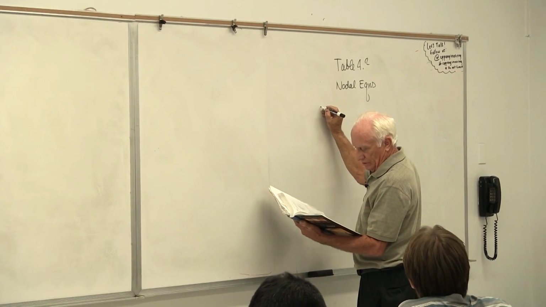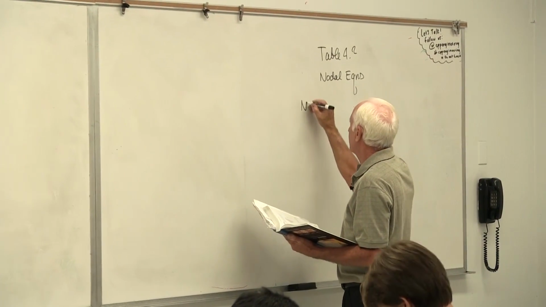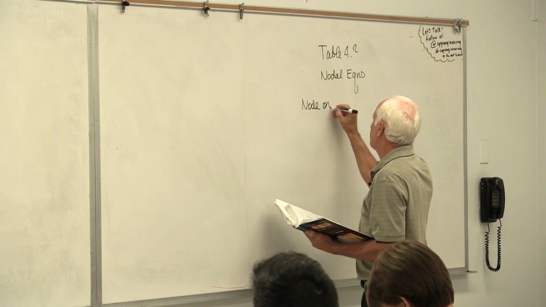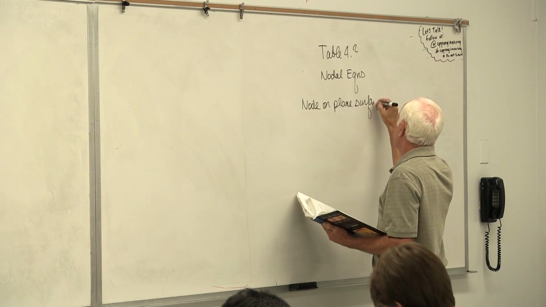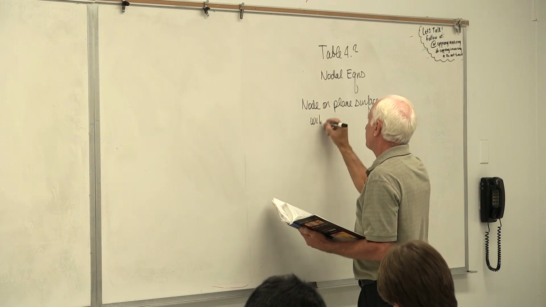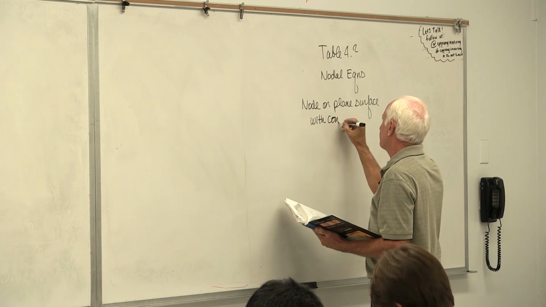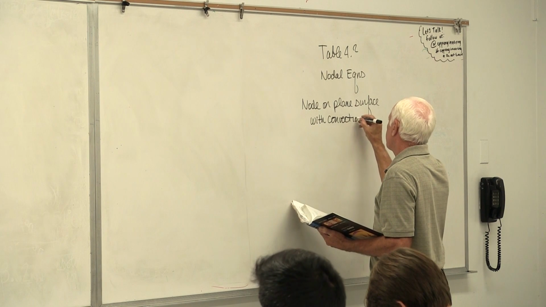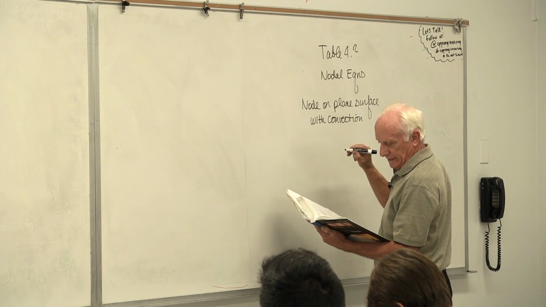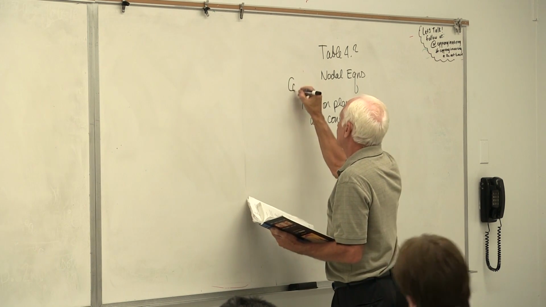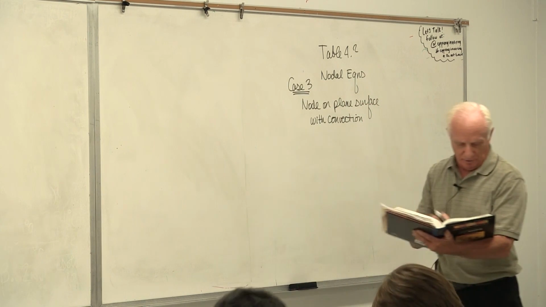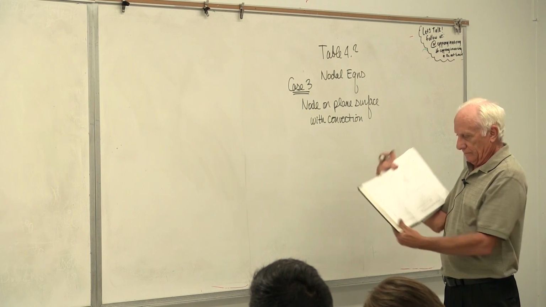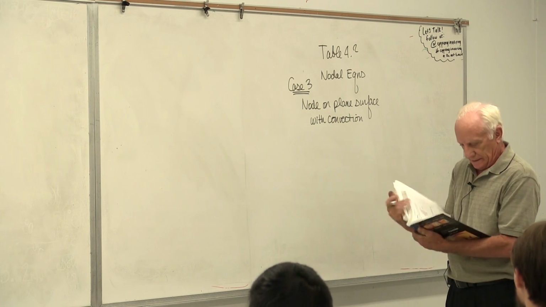This is for a node on a plane surface with convection. And that's really case 3. So I'm just going to show you one case. There's a total of 5 cases in there. This is just one case.